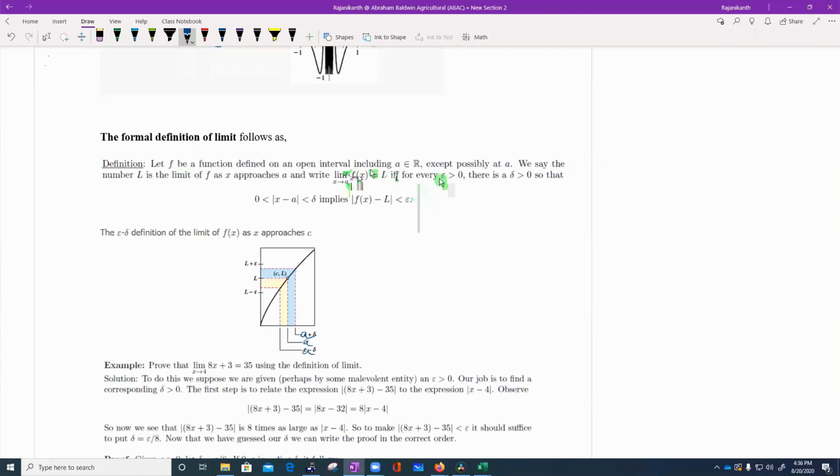You need to read this symbol as a Greek letter, epsilon. So for every epsilon, if you pick any positive real number epsilon, then you can always find this guy, which is nothing but delta, because we read this as delta.